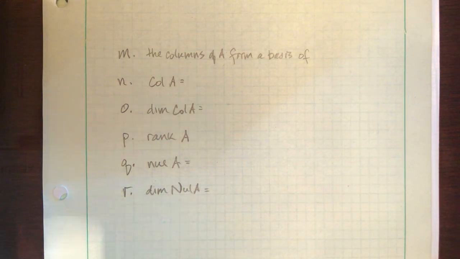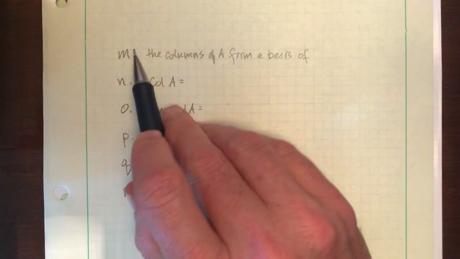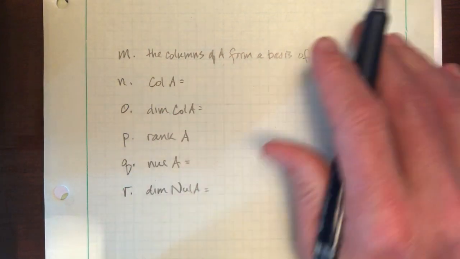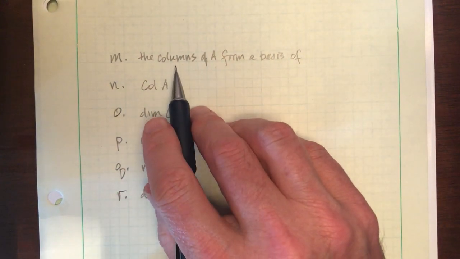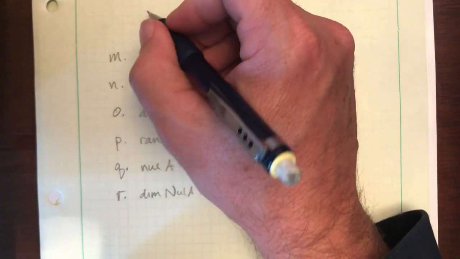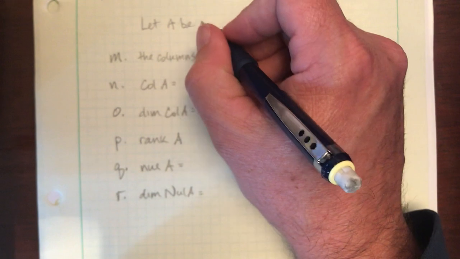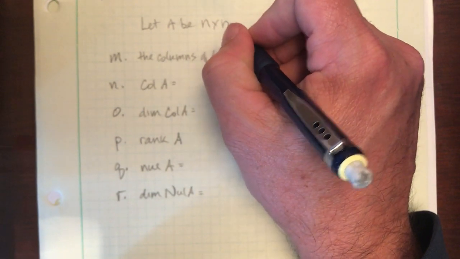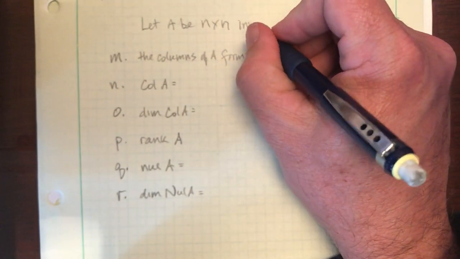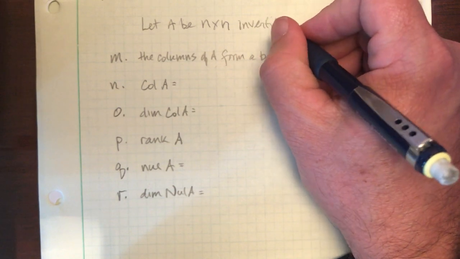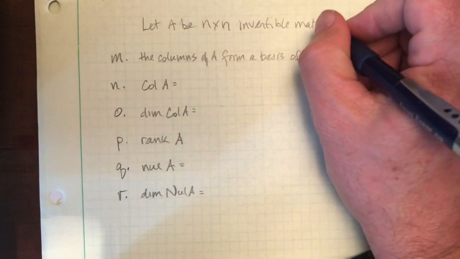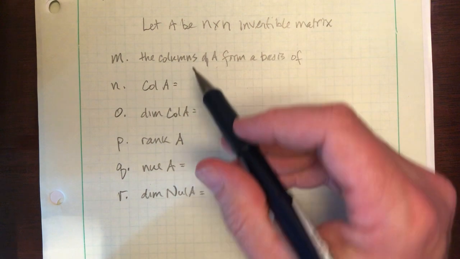So let's say, so M through R, if we have, again, the setup is, let a matrix be an n by n square invertible matrix. What can you tell me about these statements?